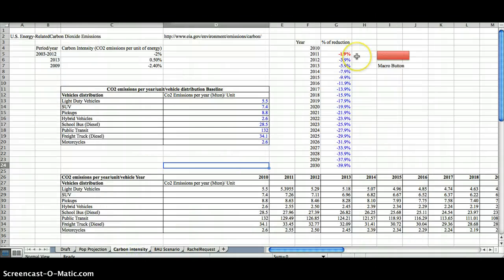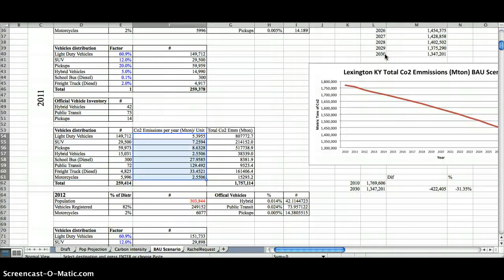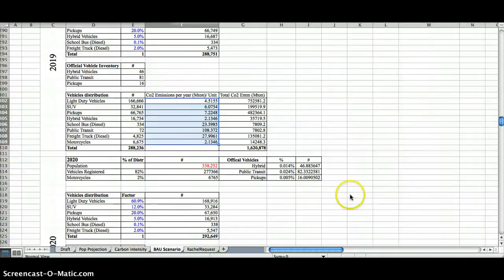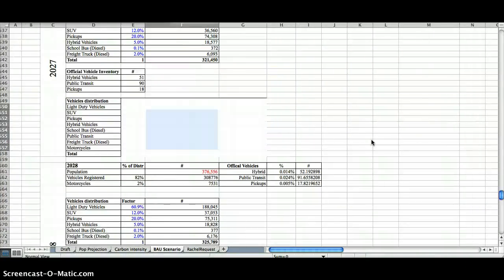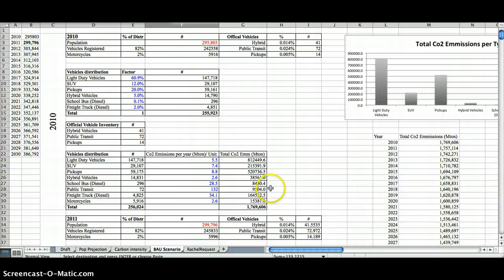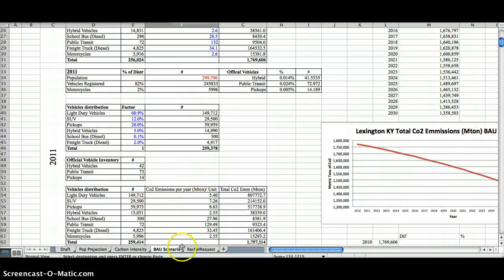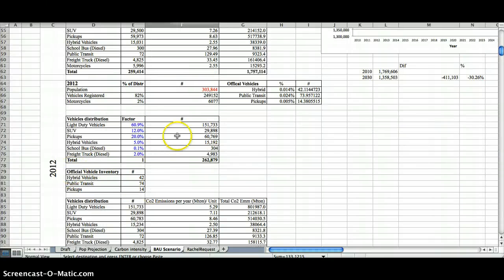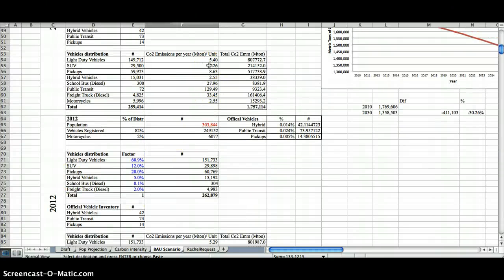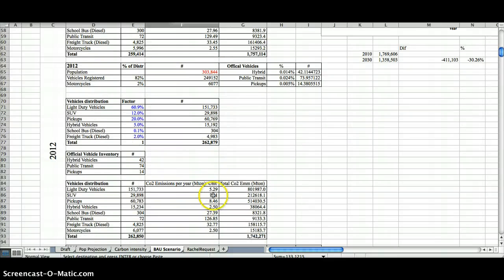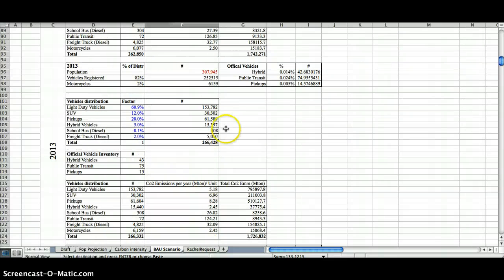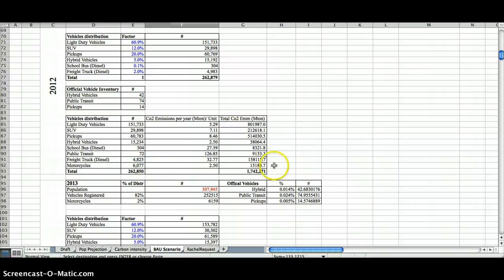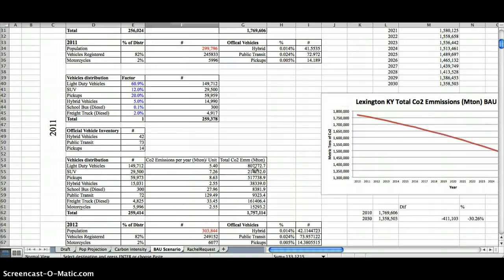Well, returning to this carbon intensity, when I apply the macro, it's going to change all these values here, and is going to paste these values over here on this CO2 emission per year. So you can notice how it's varying according to that rate. These values are changing, and as a consequence of that, the emissions.